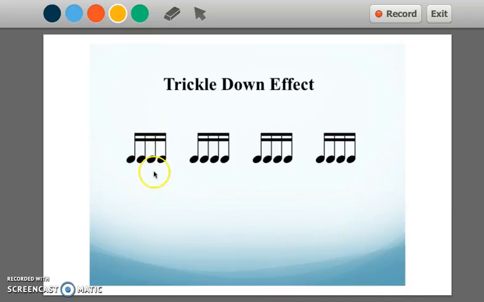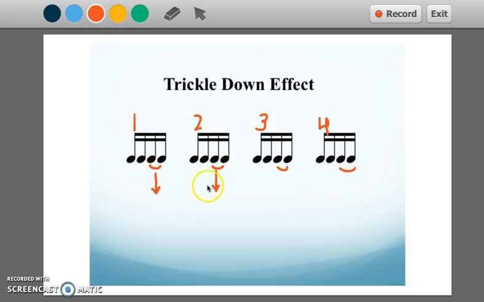Okay, now we can take the same pattern, and remember each group represents one whole beat. So we start with 1, 2, 3, 4. This time I am going to combine these two. The last two are going to be smooshed into one note.